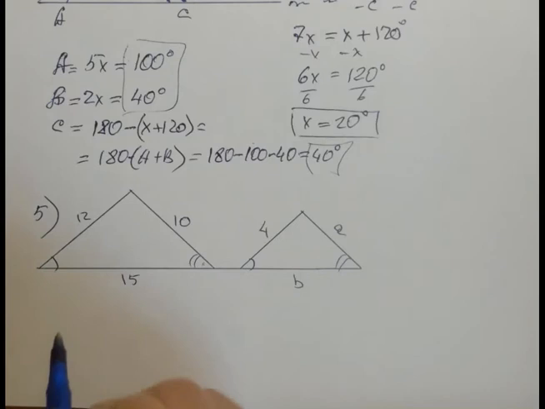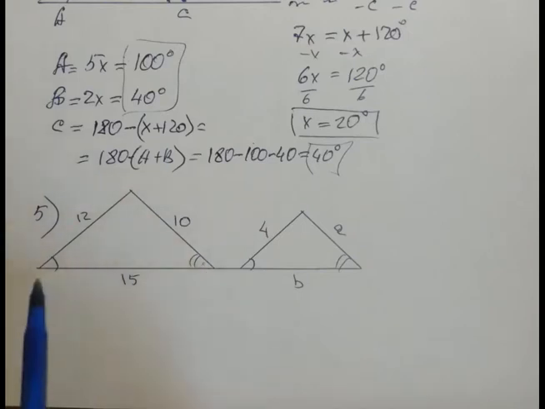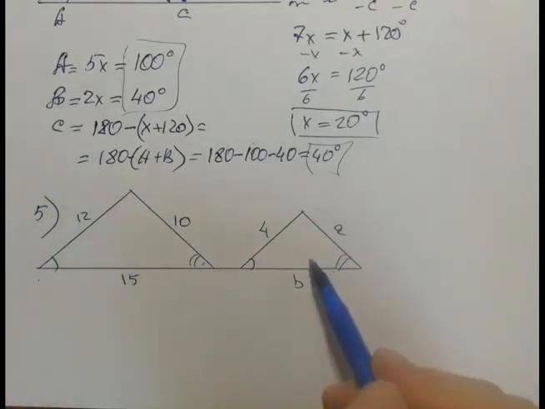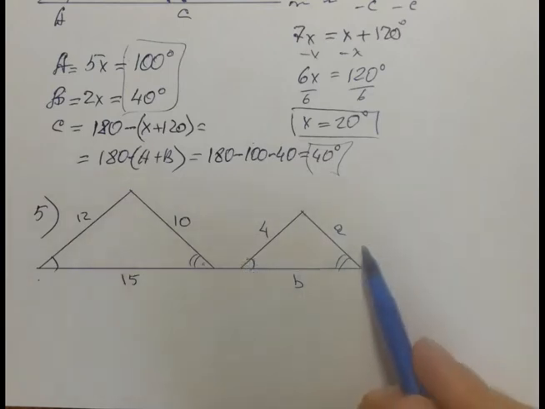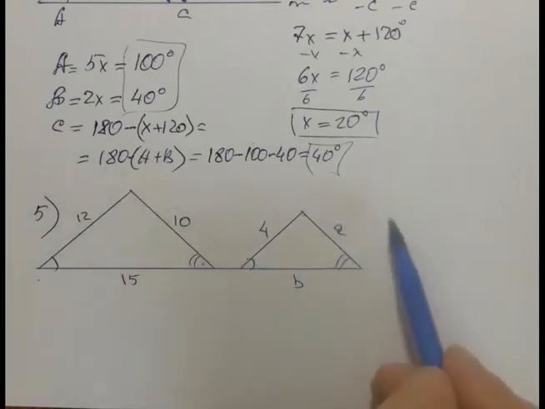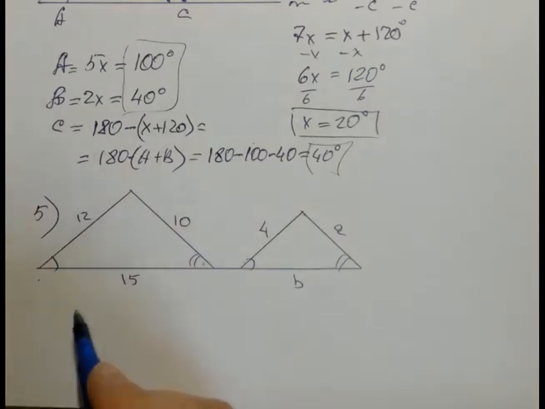In the next problem, two similar triangles are given. In the first triangle, we know all three sides. In the second triangle, we know only one side length, and we can determine the side lengths of the two other sides. So we can set up a proportion.